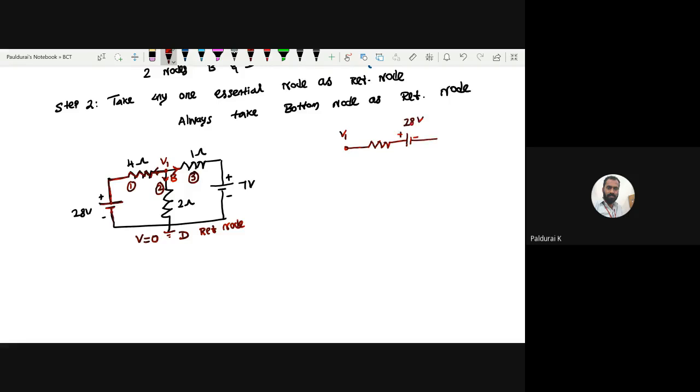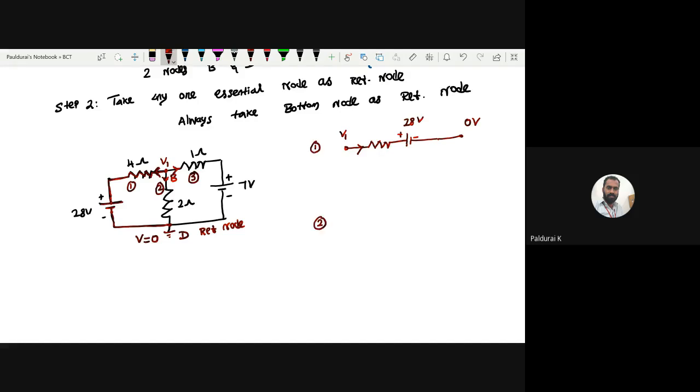Then this is my another node, which is actually 0 volt. And the current direction, I assumed clockwise from V1, so from V1 means left to right. This is my branch number 1.